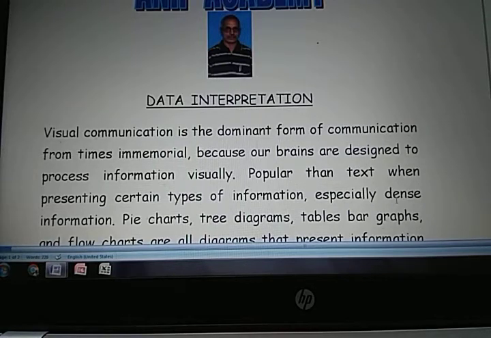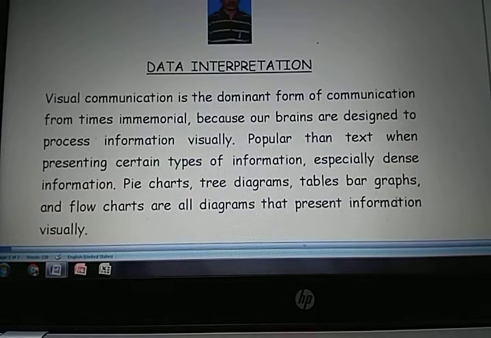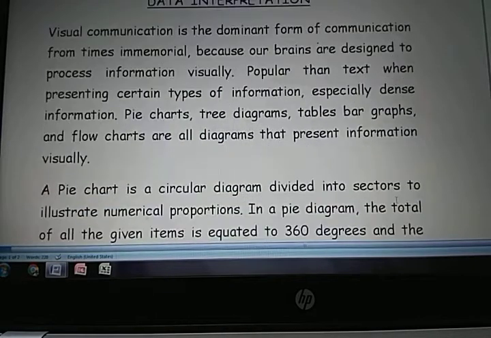It is more popular than text when presenting certain types of information, especially dense information. Pie charts, tree diagrams, tables, bar graphs, and flow charts are all diagrams that present information visually.